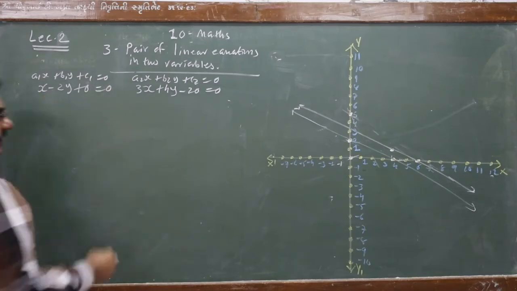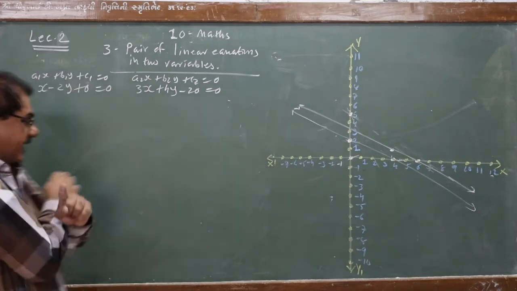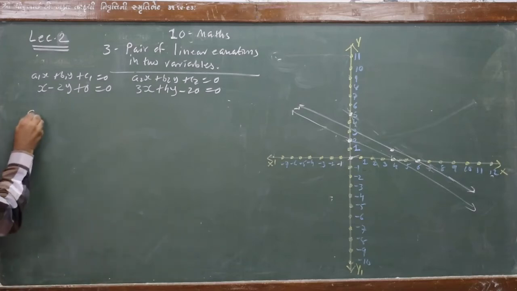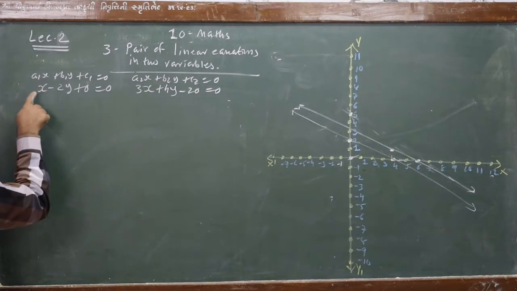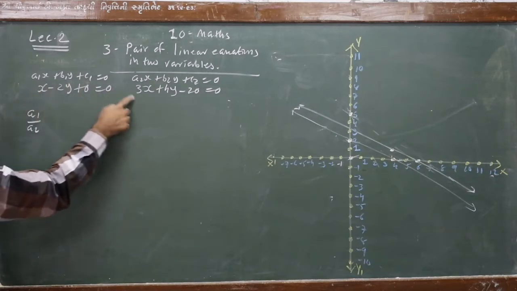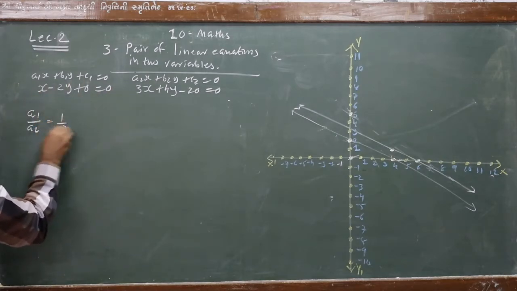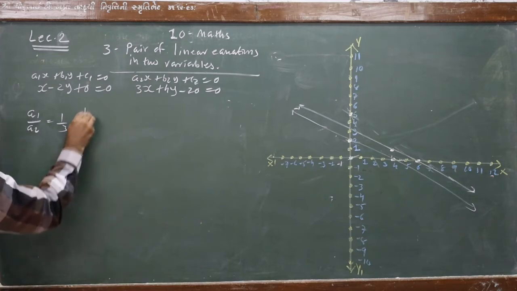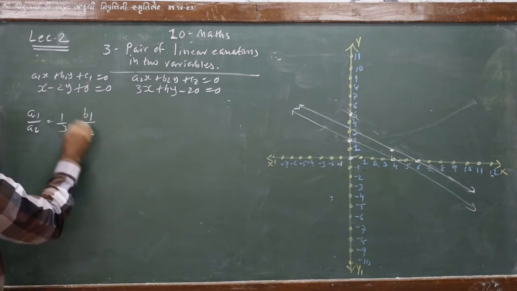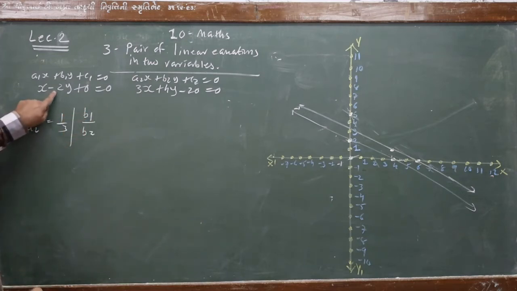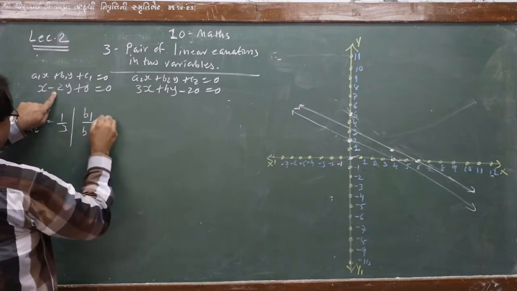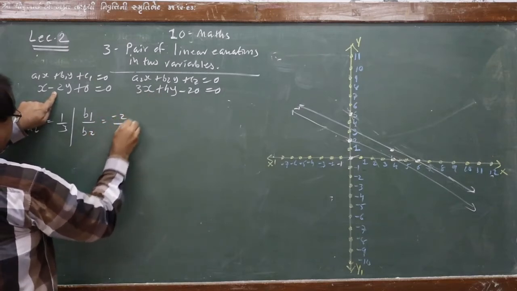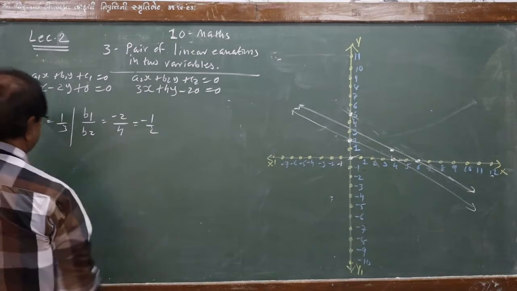Now in the case of Akhila, both the lines are intersecting. So what happens? I find out the ratio a1 upon a2. What is a1 upon a2? 1 upon 3. Now I go for b1 upon b2. Minus 2 upon 4. That is equal to minus 1/2.